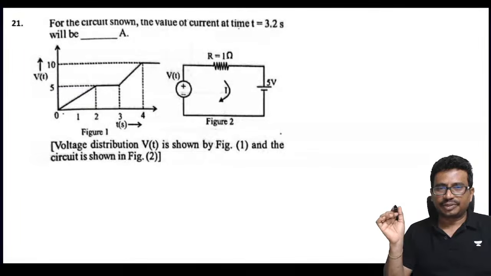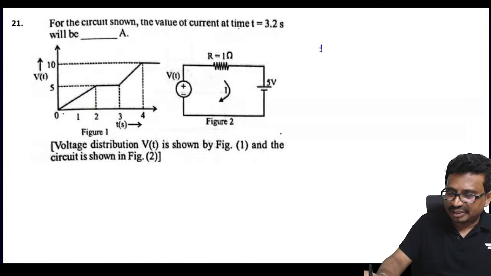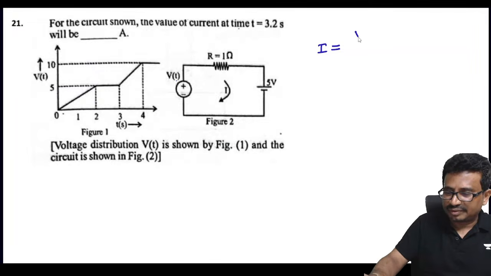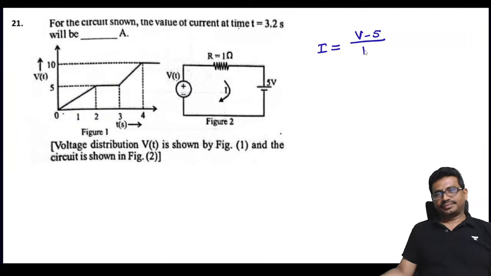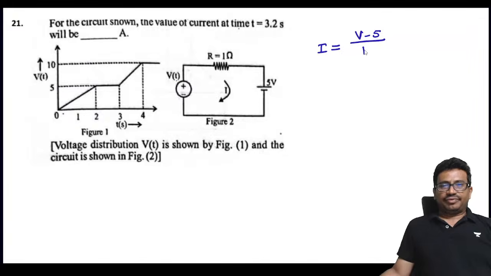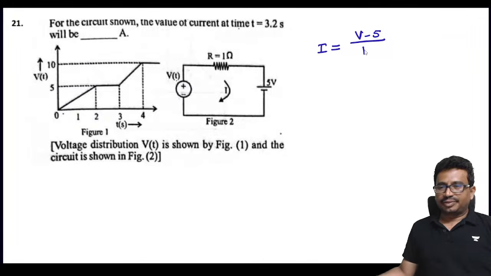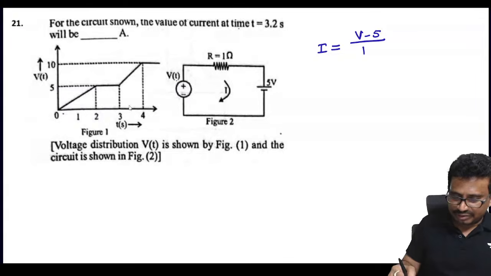Basically, the current is, tell me now, V minus 5 by R. R is 1. The V value at t is equal to 3.2 seconds we need. 3.2 seconds means somewhere here.